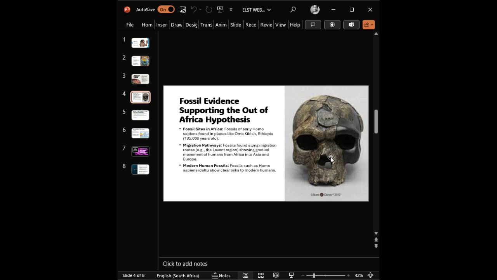As you can see in the picture, that is Omo Kibish. As early humans migrated, we find fossils along their pathways, like in the Levant region, showing a gradual spread out of Africa.